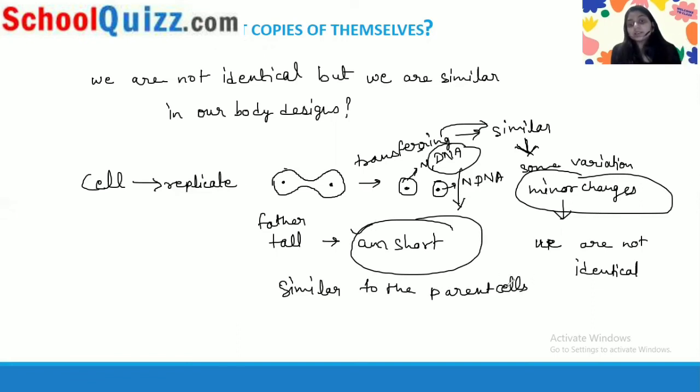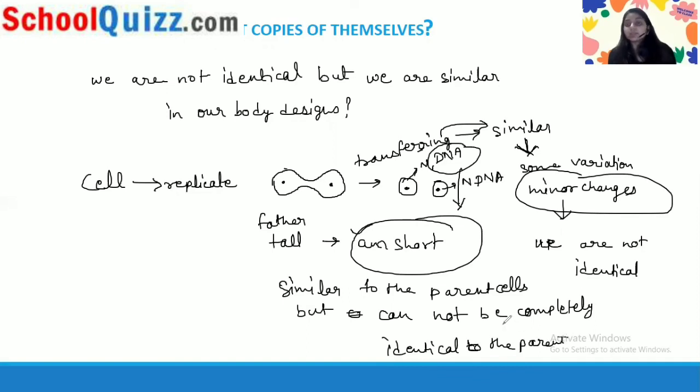But we cannot be completely identical to the parent cells. That's why every person is different.